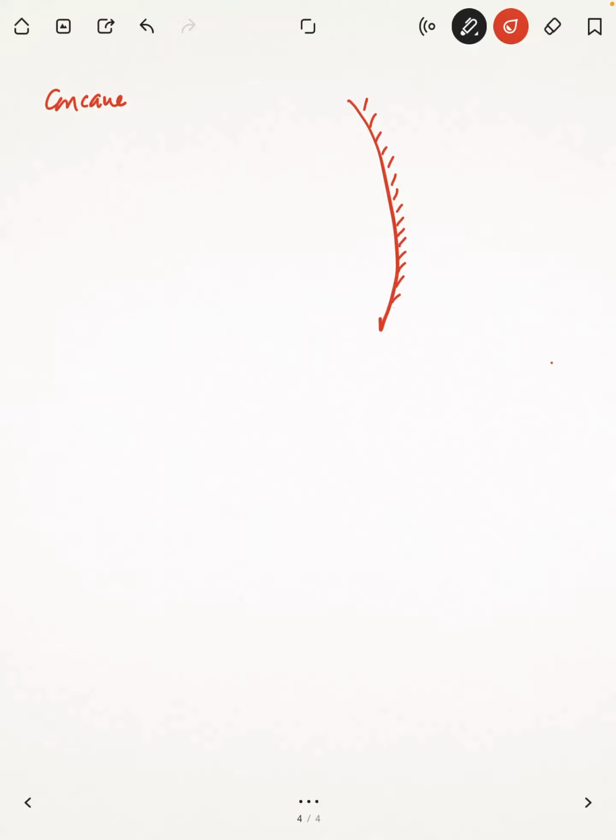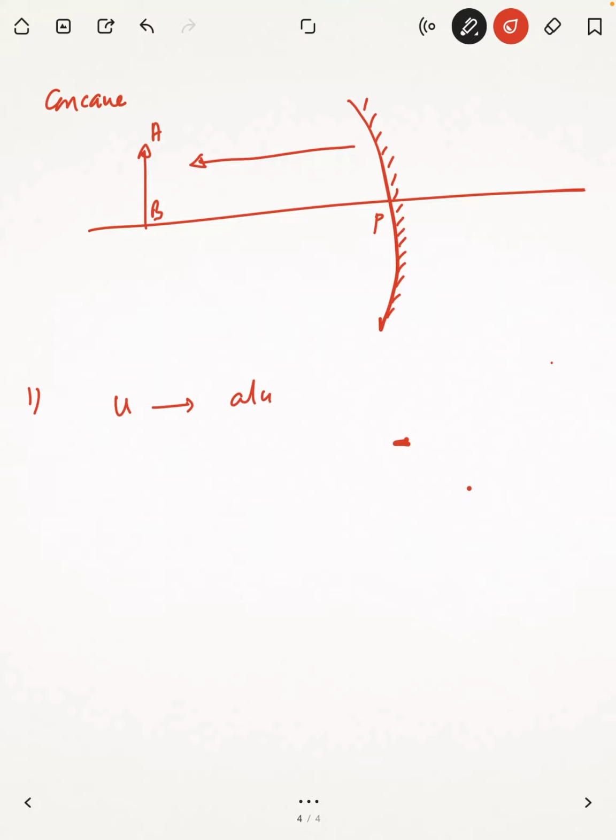Concave mirror can form real as well as virtual image. Object is always on left side, no doubt, and therefore its distance is to be measured from the pole to object toward left side. So u always negative, because object is always on left side.